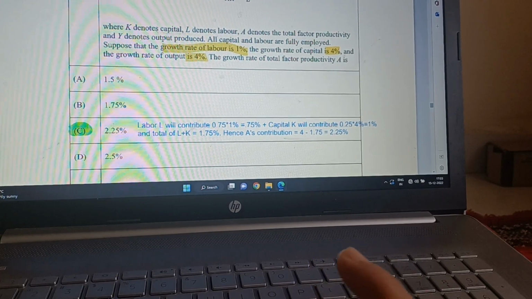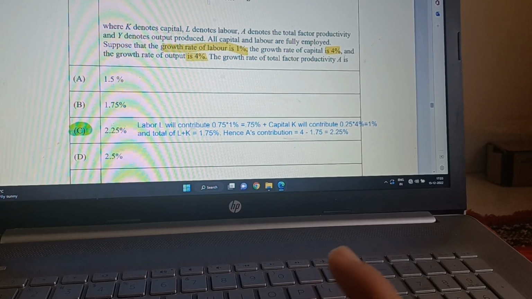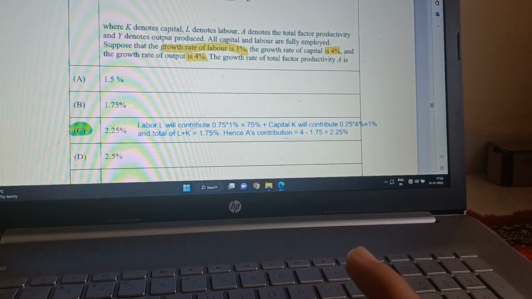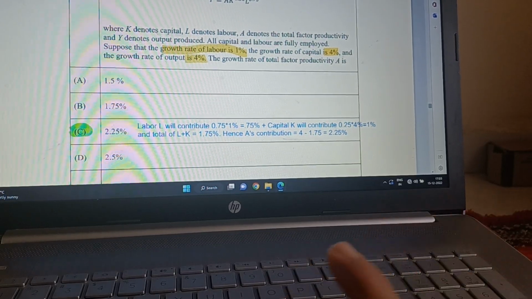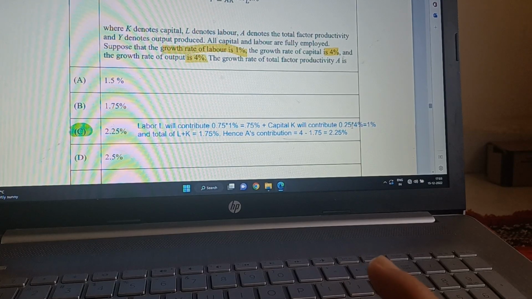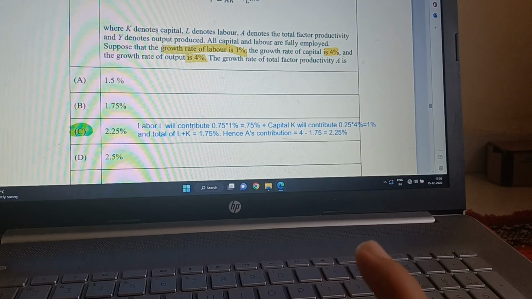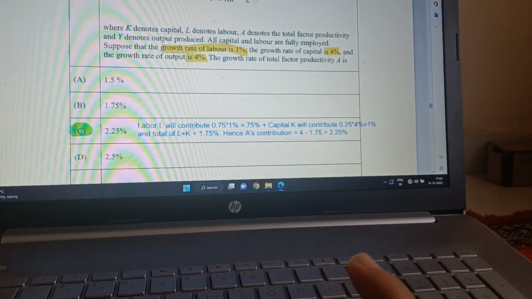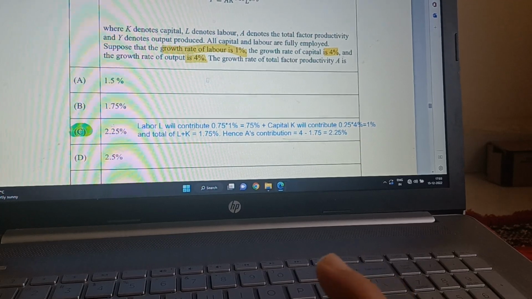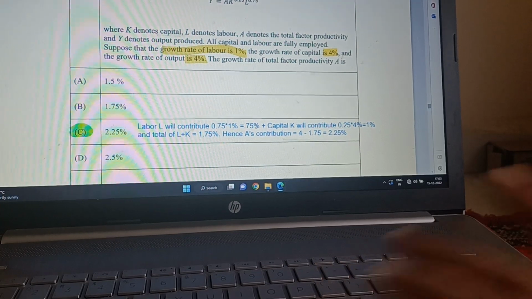Since K is increasing by 4%, the growth rate of capital is 4% and its contribution is 0.25, meaning the marginal product of K share is just 0.25. So K will contribute 0.25 times 4%, which is equal to 1%. What about labor? L is growing by 1% and its share is 0.75. It means labor will contribute 0.75 times 1%, which is equal to 0.75%.